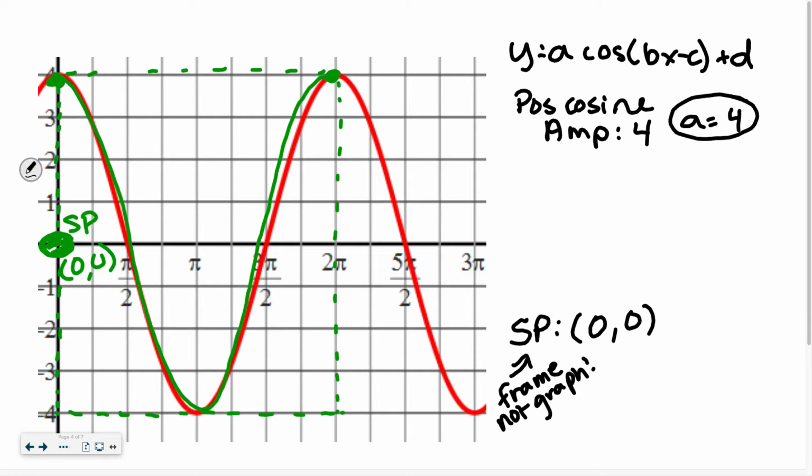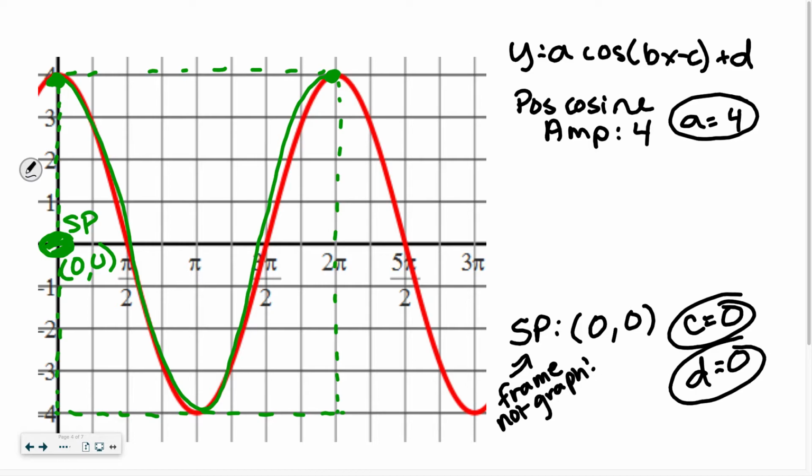The only time we ever got 0, 0 as our starting point is when c and d are both zeros, right? So if I can get a starting point for my frame at the origin, that's awesome, because then I know c and d are 0. So c equals 0, d equals 0.